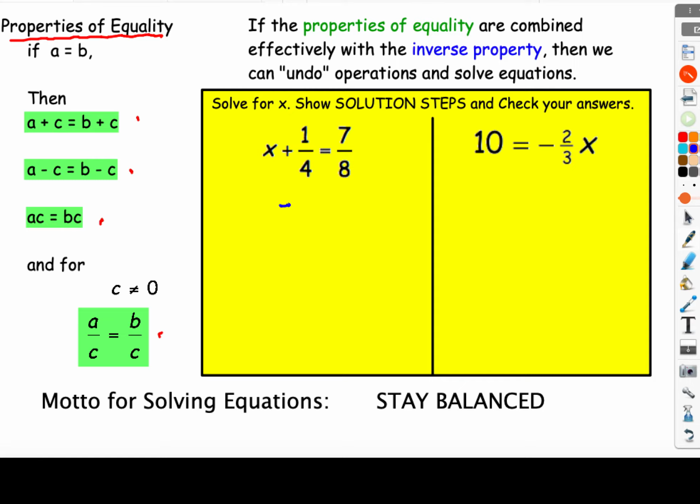What I'm going to start off doing is subtracting that 1/4 from both sides of my equation. Now, that gets a little bit tricky, only in that plus 1/4 minus 1/4 is going to nicely cancel away. We'll get rid of those numbers. But now I need to remember, how do I subtract 7/8 minus 1/4? Well, I need a common denominator, so I'm going to make that 8.